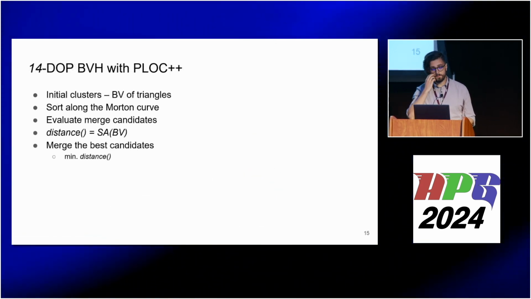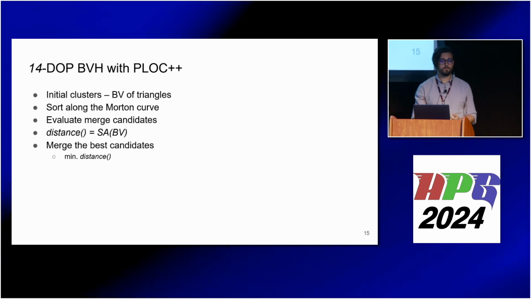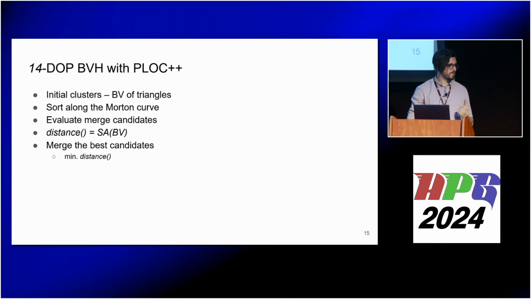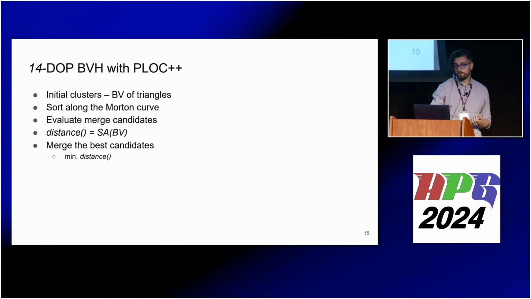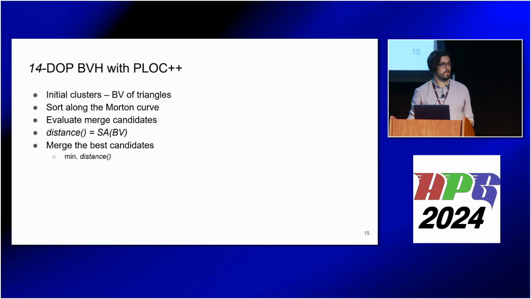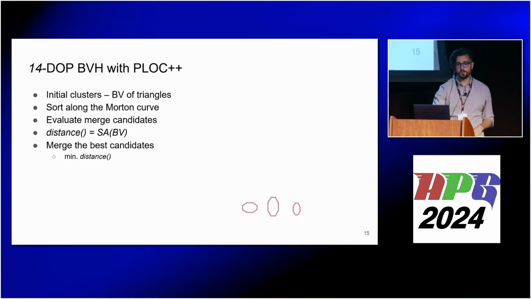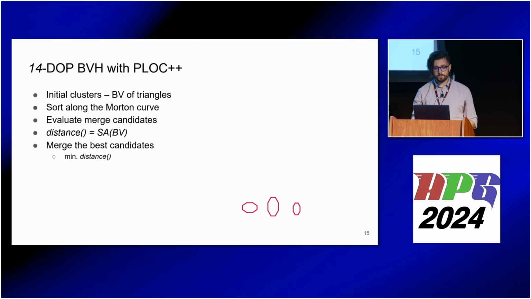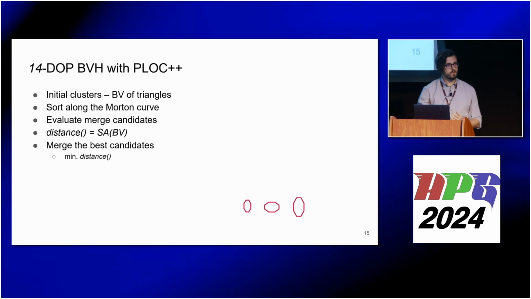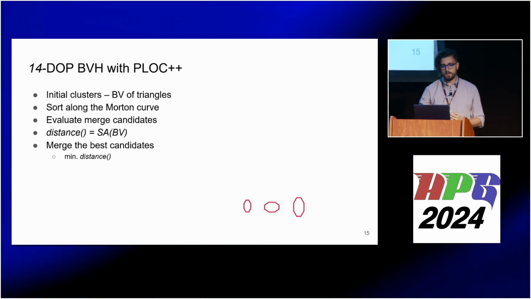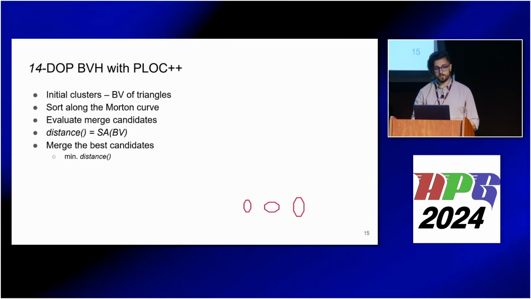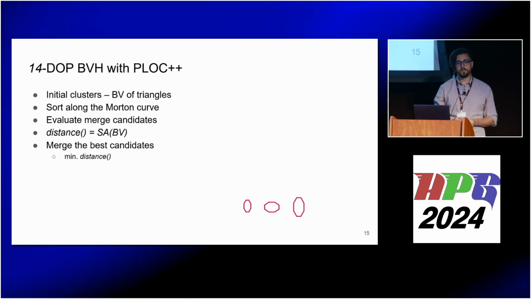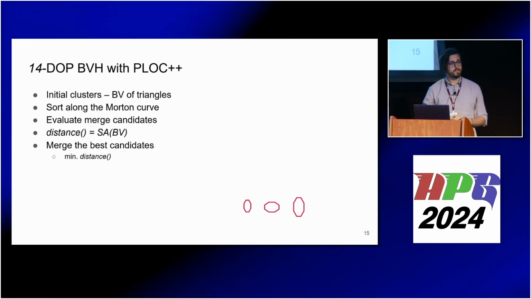The next algorithm we tried is constructing the 14-DOP BVH from scratch using the PLOC algorithm, to which we already had an extensive introduction today. So just briefly, PLOC, or parallel locally ordered clustering, is a bottom-up algorithm. We start the construction from the leaves. We fit 14-DOPs to the leaves. We order them along the space-filling curve and start the iterative merging process. The candidates for the merge are evaluated by a distance function.